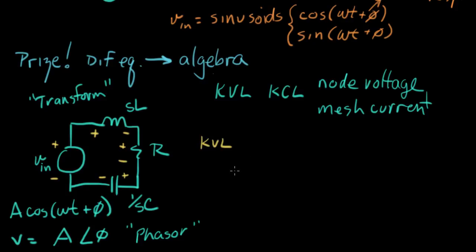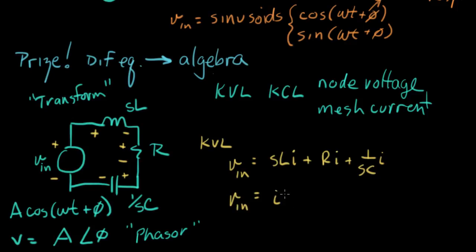And what I get is that Vn is equal to the voltage across the inductor plus the resistor plus the capacitor. And I can write it like this. I can write SL times I plus R times I plus 1 over SC times I. And if I can write that again, I'll write that one more time.